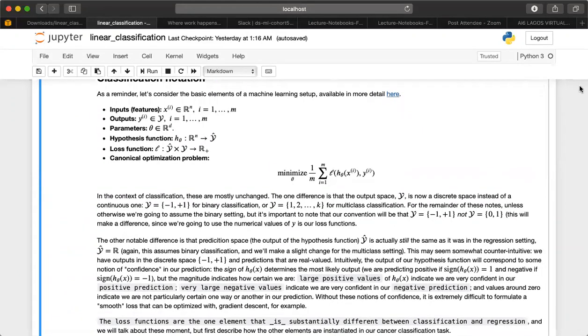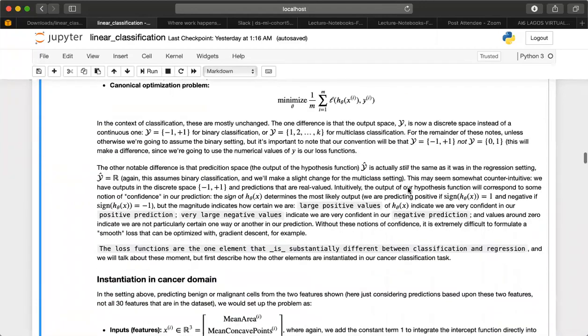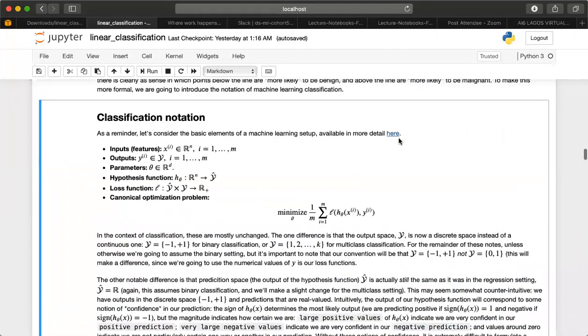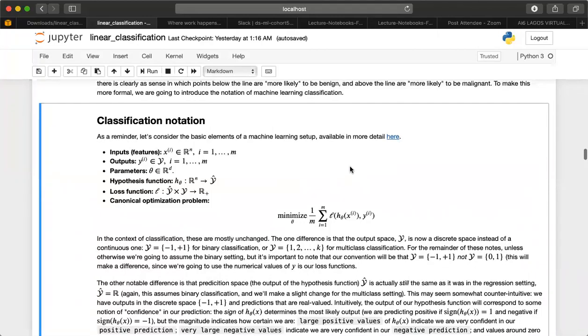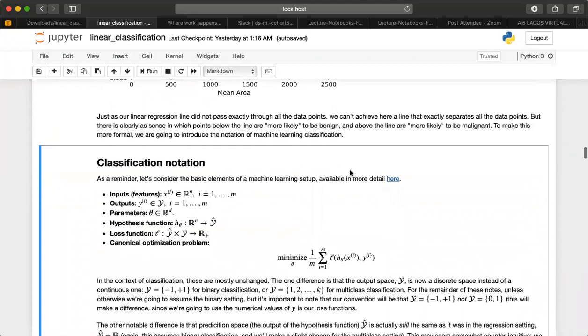There's something worth noting here. If you have gone through some lectures, depending on the one you go through, usually you would have 1 for a classification between 1 and 0, where 1 is the positive and 0 the negative.